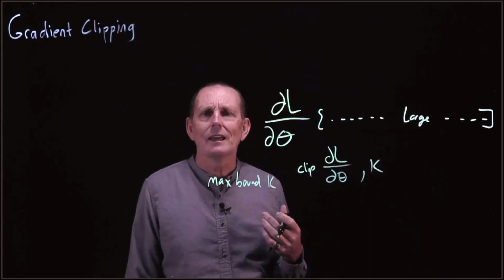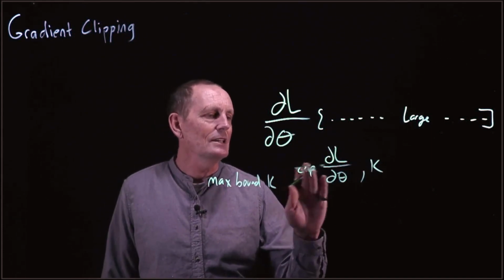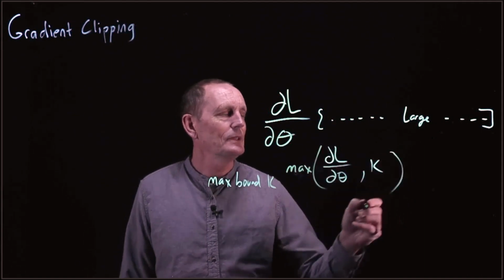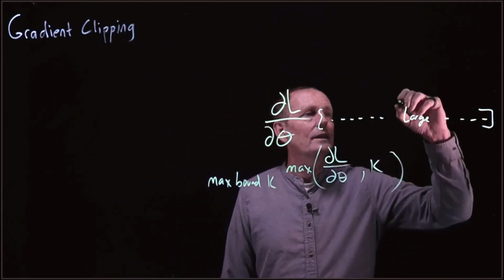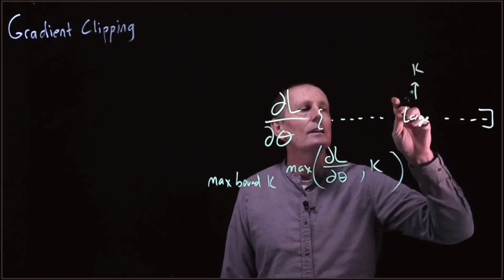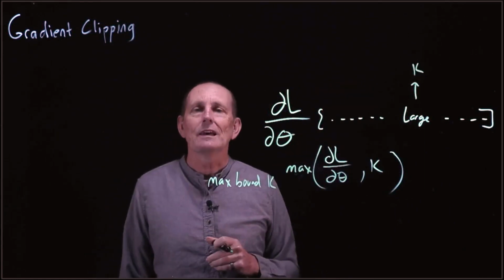So it's not unlike a ReLU. The clipping is really a max here. That's what the clip actually is. So these would pointwise get reduced to k: large ones would get reduced to k, smaller ones would be left at their values.